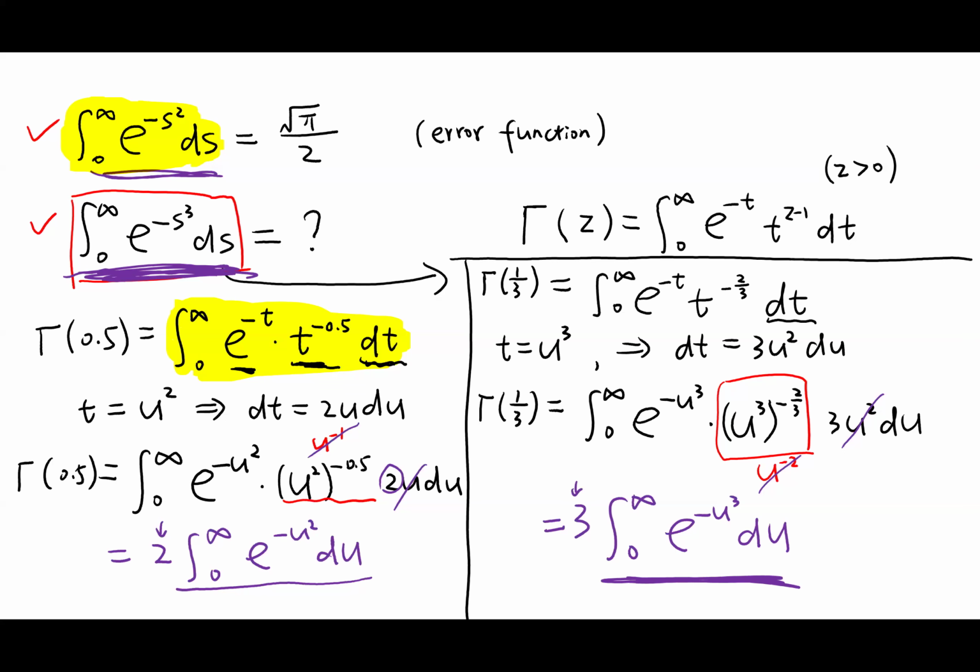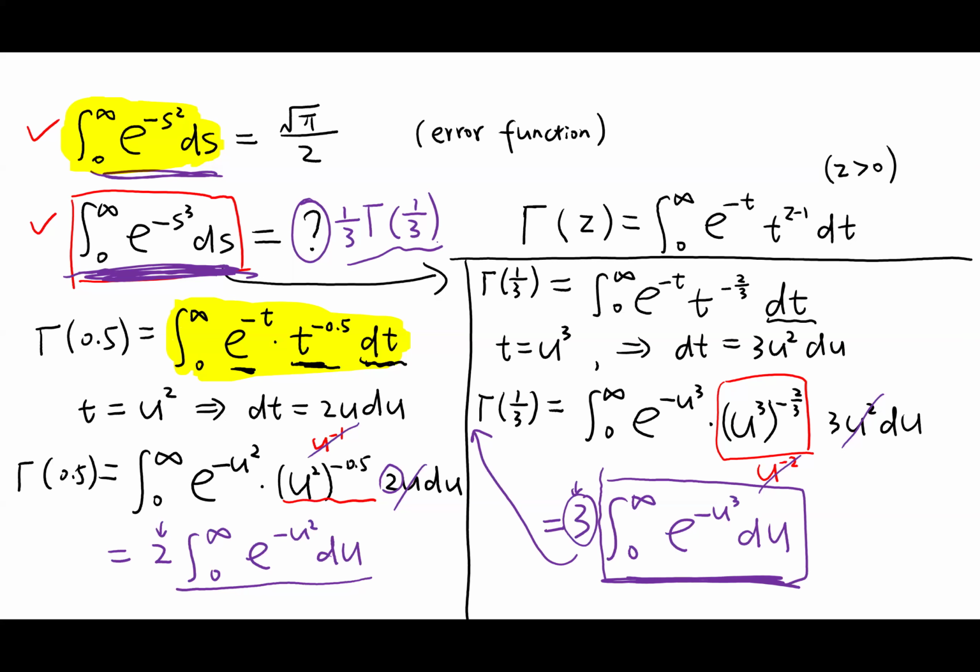So when we ask what this equals, we can easily say this equals 1/3 gamma function of 1/3, because basically you just move the 3 to the other side. So this part is equal to 1/3 times gamma function of 1/3.